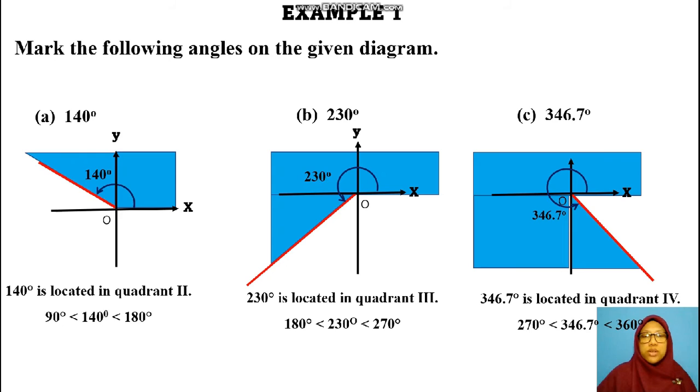So, 230 degree is located in quadrant 3. For question C, 346.7 degree, it is located in quadrant 4 because it is more than 270 degree but less than 360 degree.